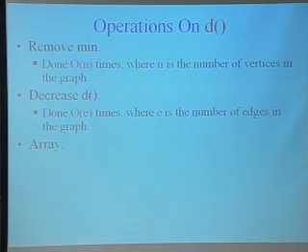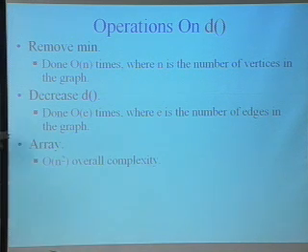The typical way to implement Dijkstra's algorithm, at least the way that's taught in undergraduate courses, is to employ an array for d. So to do the remove min, you just check all of the n values of d, forget the ones for which you already have a destination taken care of, and from the remainder pick the one that has the smallest. And that takes you order of n time to do the remove min.